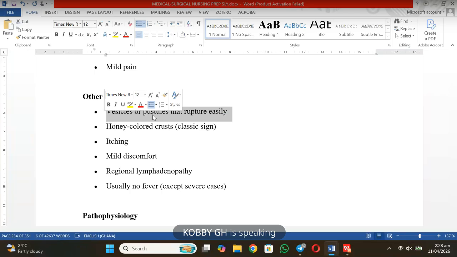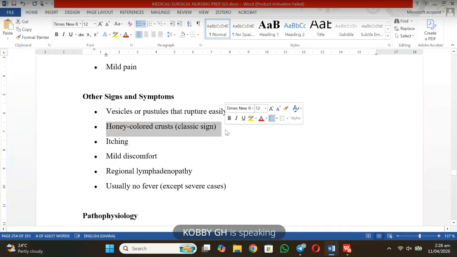It's just a vesicle. And when the vesicle bursts, then it will form what we call the honey-colored crust. And this is a cardinal sign of impetigo that you have to remember, the honey-colored crust.